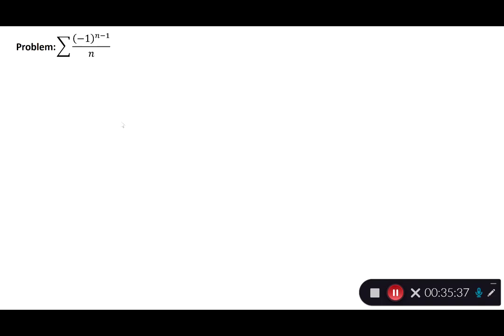So either you have positive, negative, and so on, or negative, positive, negative, and so on. That's an alternating series. So sure enough, this, when expanded, gives you 1 minus 1/2 plus 1/3 minus 1/4, and so on. Cool. So this is an alternating series, and we'll try to apply the alternating series test.